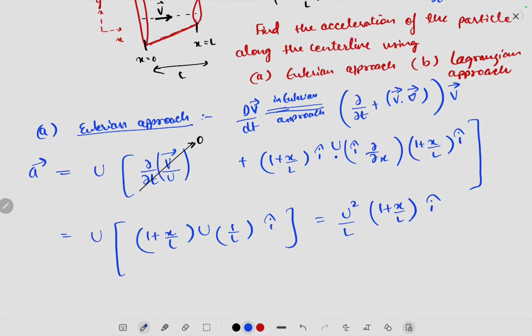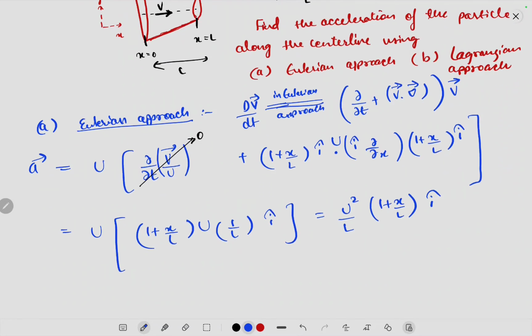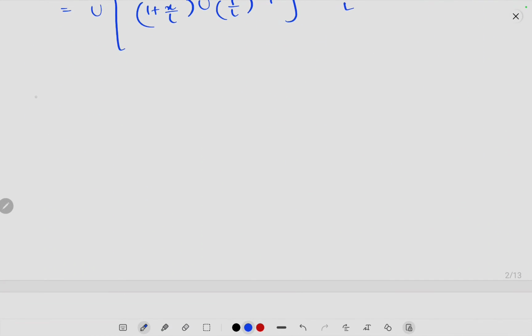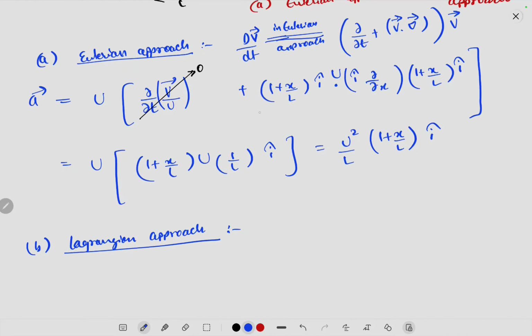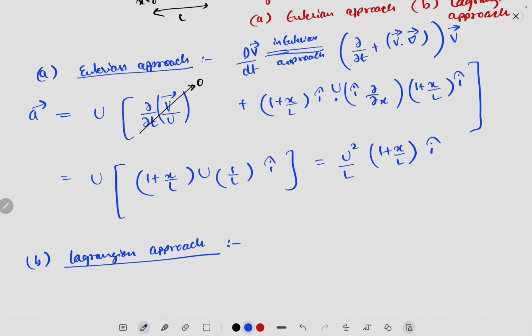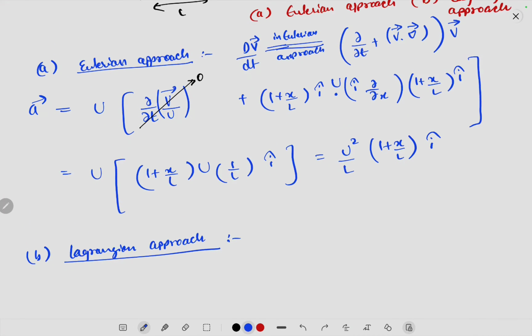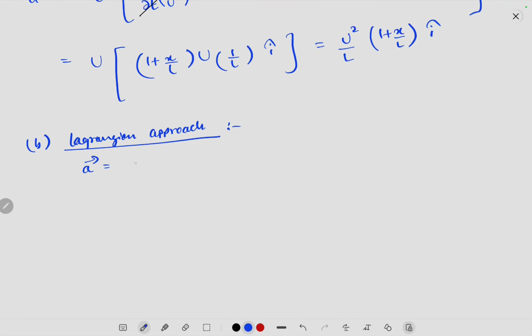Now let's see the acceleration of the particle from the Lagrangian approach. So B part, finding the acceleration from Lagrangian approach. Okay, so from the Lagrangian approach we don't have this knowledge, we just have a vector is equal to dv by dt.